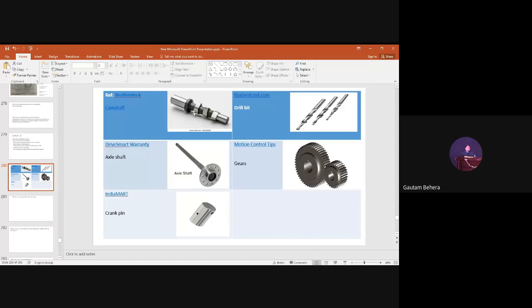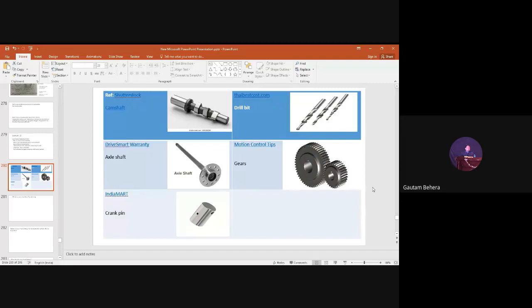They are basically used in the automobiles. This camshaft, axle shaft, crank pins, gears, right? These are basically used in the automobiles, and this is a drill bit. You understand it is used for drilling rocks or something else. Basically, all are made up of steels.